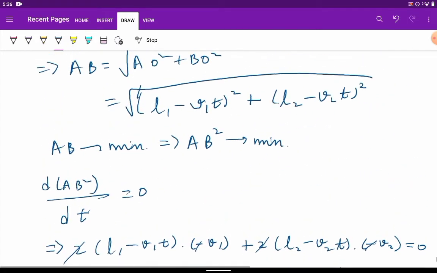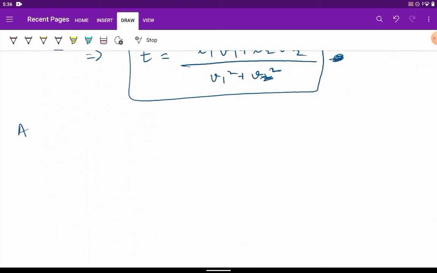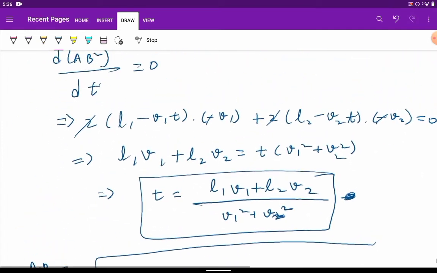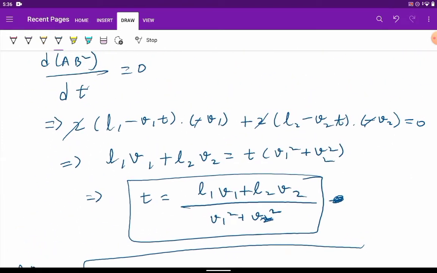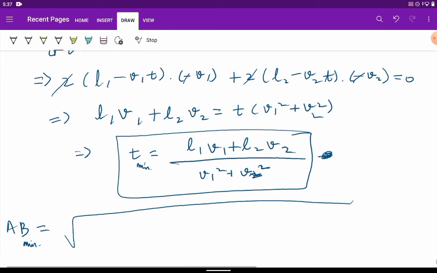Now what is the minimum distance, you ask? That is AB at T minimum, so we just substitute this T, let's call this T minimum. So AB minimum is equal to root over (L1 minus V1 T minimum) whole square plus (L2 minus V2 T minimum) whole square.